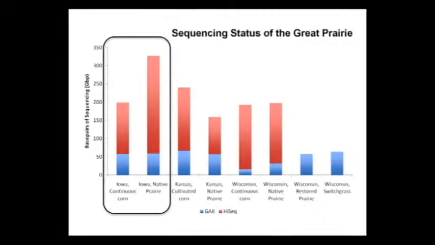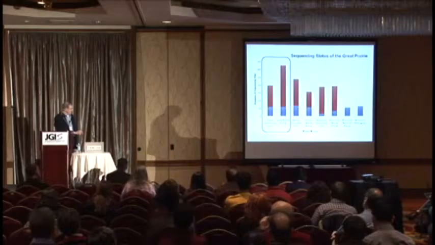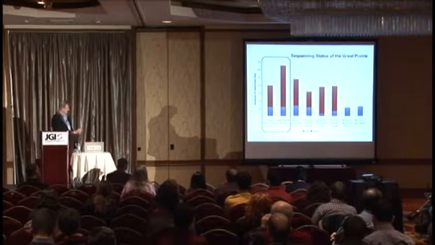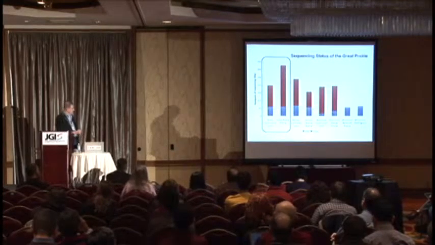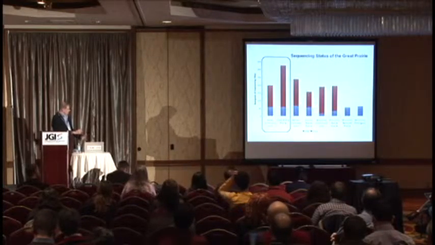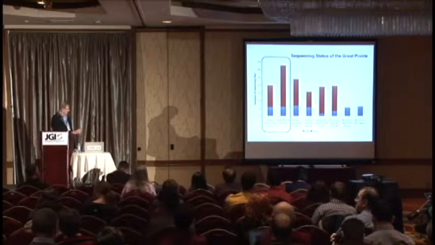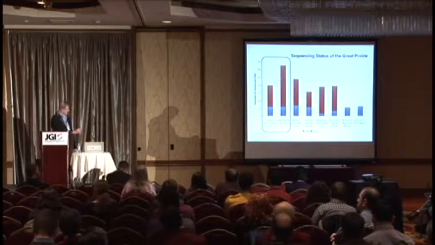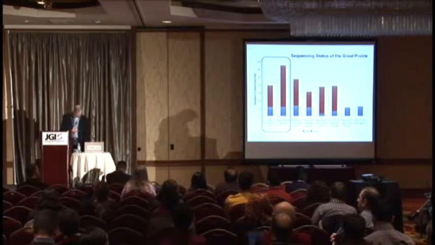But then HiSeq became available, so we also tried HiSeq, so that added a substantial amount of sequence to that. The Iowa set is highlighted here because work that we've done at Michigan State has emphasized this comparison, and some of the work done at Lawrence Berkeley is emphasizing the Kansas comparison.